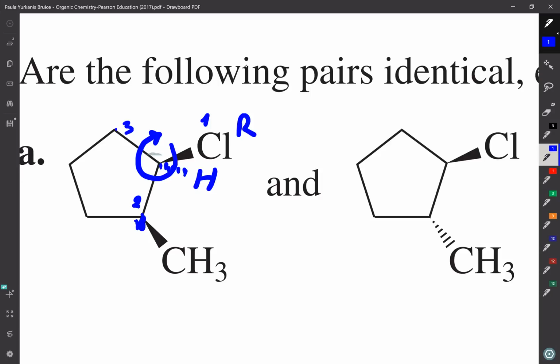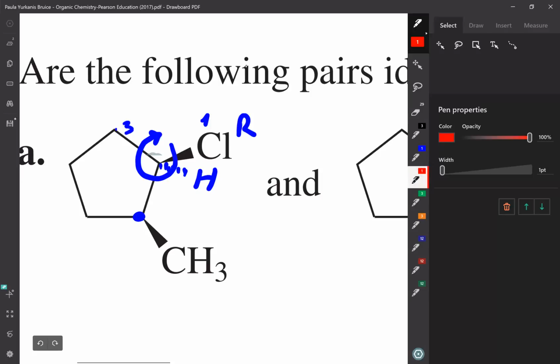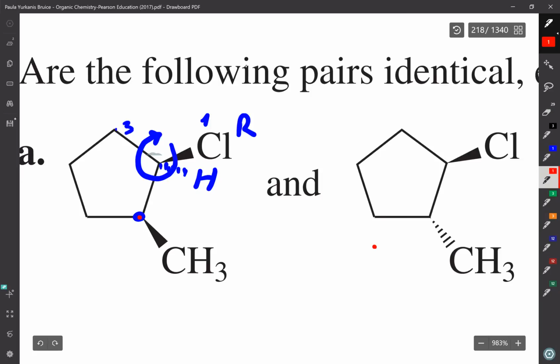Let's do the same thing with the second chiral center. Let's look at this chiral center here. Which one is one? This is one, this will be two, and this will be three.